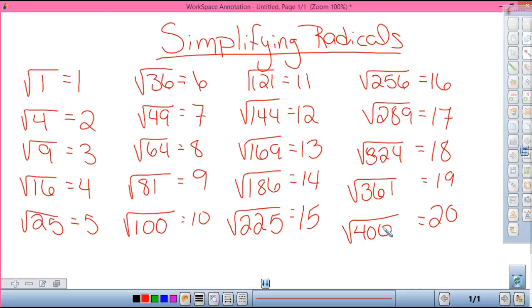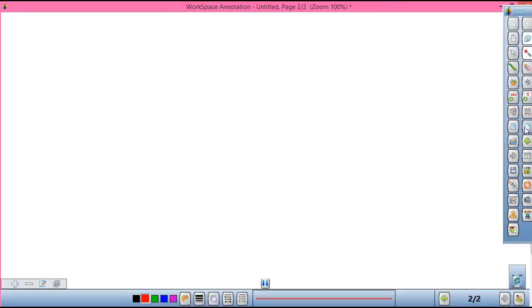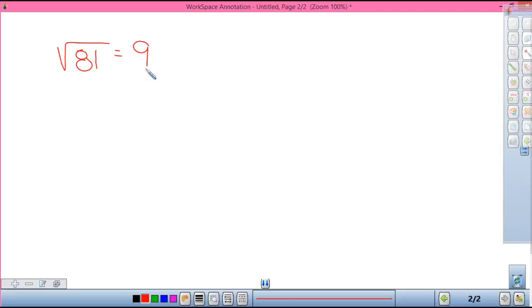Alright, so if I have the square root of 81, my answer is 9. But sometimes if it's not a perfect square and it's asking for the exact answer, it wants it in terms of the lowest perfect square with a radical inside of it.